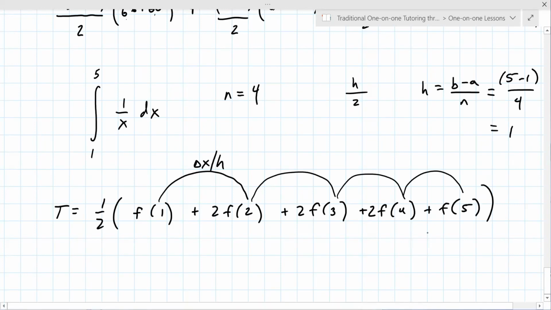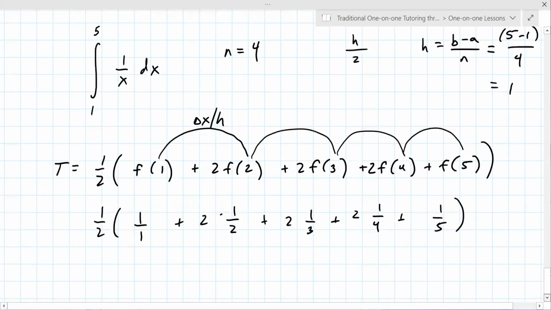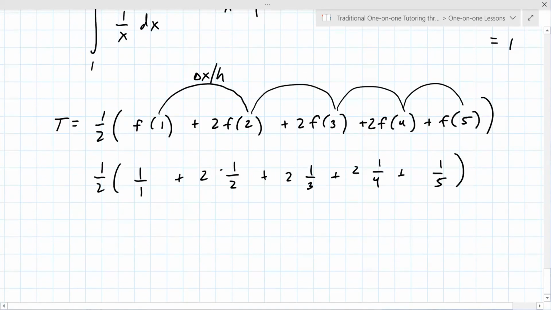So this is 1 over 1, plus 2 times 1 over 2 plus 2 times 1 over 3 plus 2 times 1 over 4 plus 1 over 5. So then that's 1/2 times 1 plus 1 plus 2/3 plus 2/4, 1/2 plus 1/5.